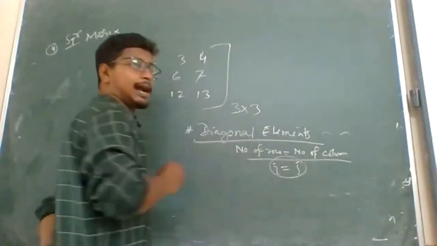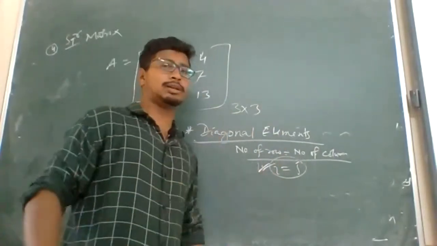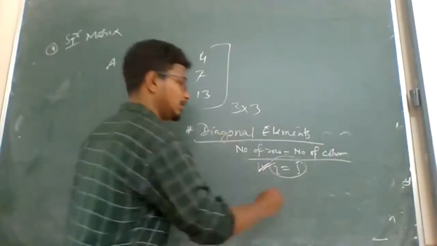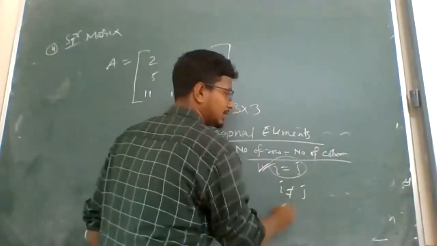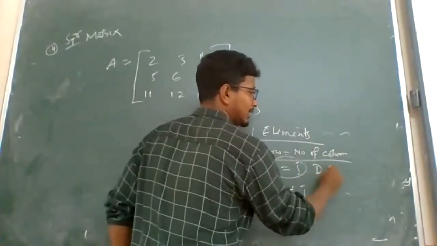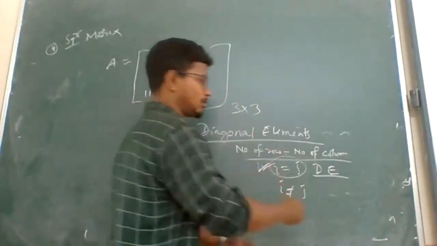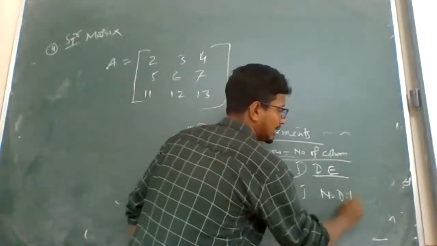Where we get i equal j, that is known as our diagonal elements. And where i is not equal j, those elements are known as non-diagonal elements.